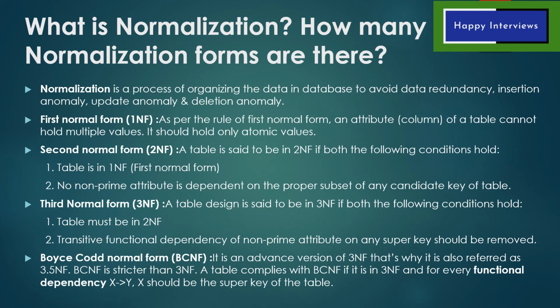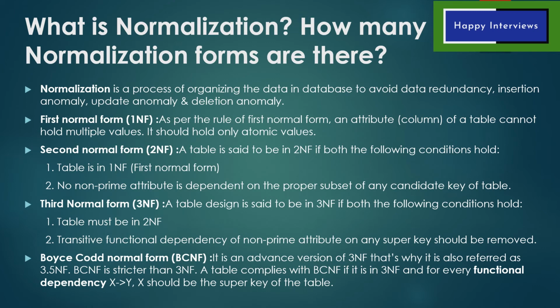In second NF, the table should be in 1NF, that is, no multiple values should be present, and second, no non-prime attribute should be dependent on a proper subset of any candidate key of the table. So what does it mean? There is a table where a combination of two fields is the primary key, like student ID and department ID.